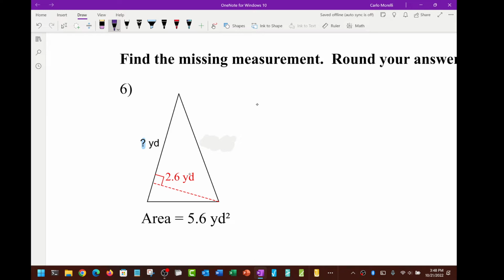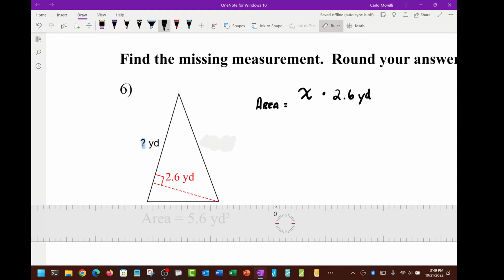So here we go. Area equals base, which we don't know. And so because we don't know it, we're going to use the variable letter x. Okay, base times height, which we do know, altitude, and that's going to be 2.6 yards. And then we divide by 2.